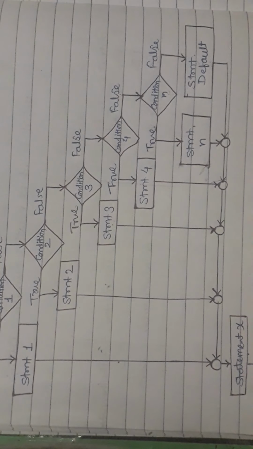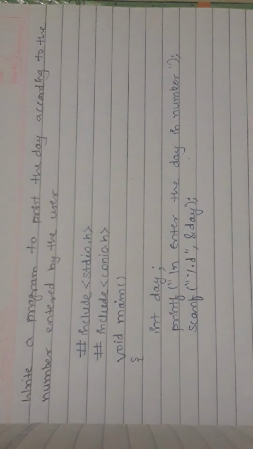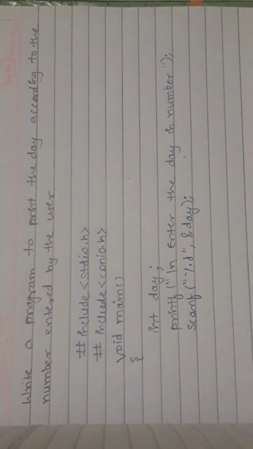Now we will see a program by using else if chain. In this program we will write a program to print the day according to the number entered by the user.